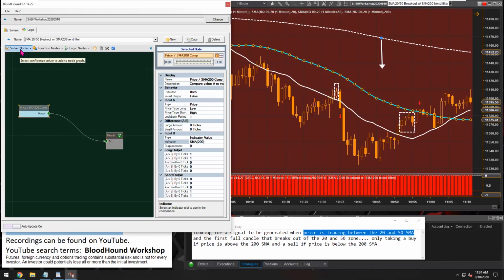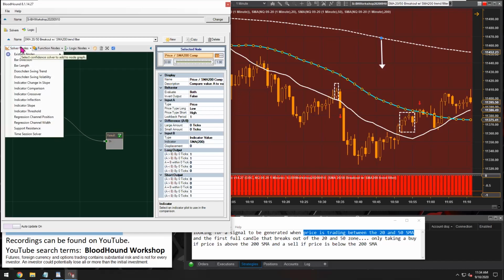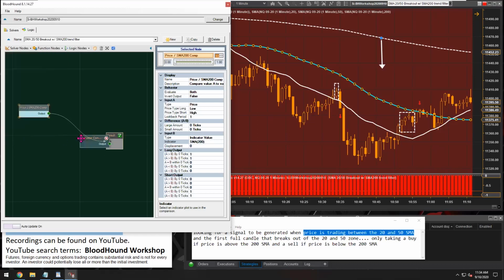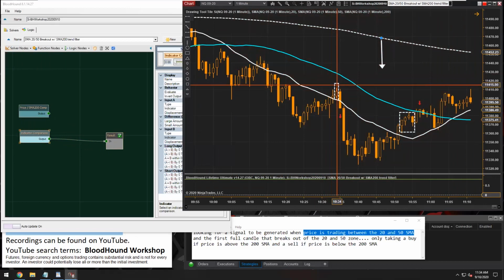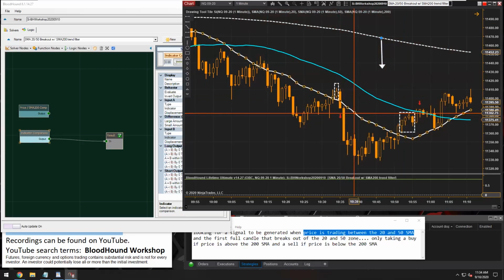Let's see. Yeah, that's going to take a combination of a bunch of comparison solvers. So let's identify these two situations here where the 20 is below the 50.